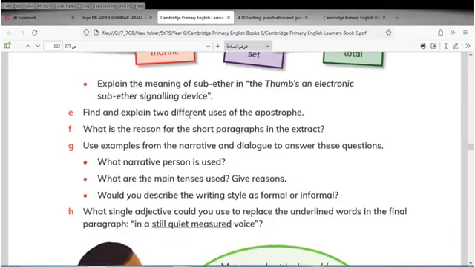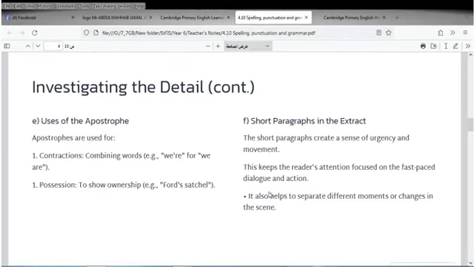Find and explain two different uses of the apostrophe. Apostrophe is that little comma, sorry to say it, but it is placed over the line, not under the line, not on the line. So using the apostrophe consists of two things.